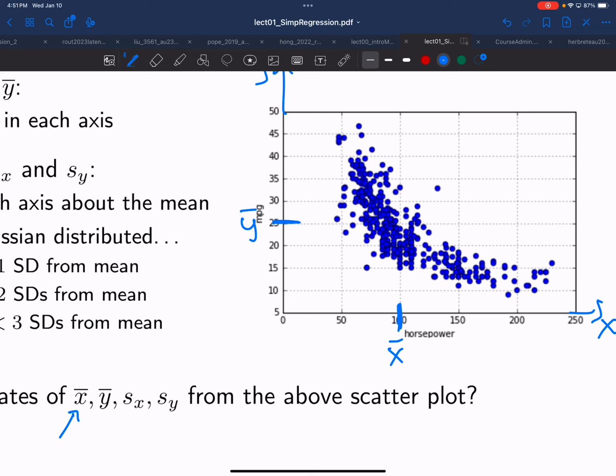All right, so what would you guess that the standard deviation is for X? Okay, it's basically just some spread. Let me ask you this, would a value of 1,000 be reasonable?